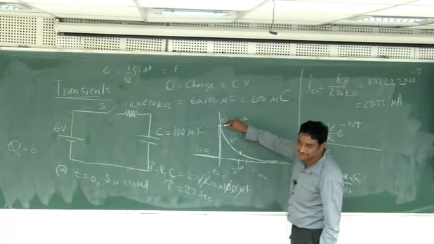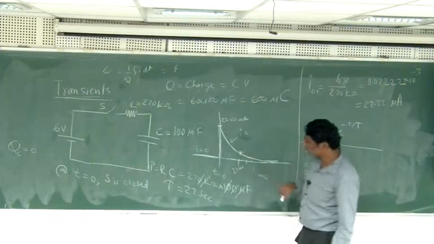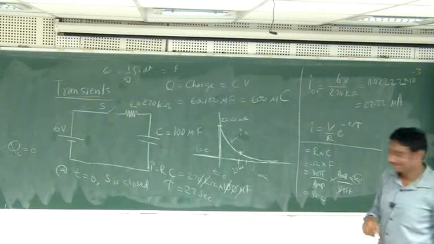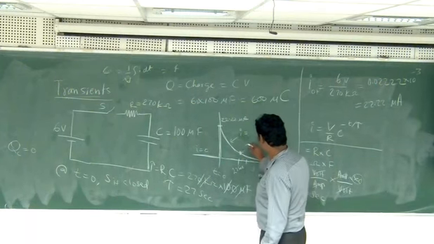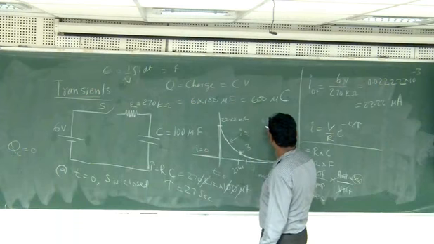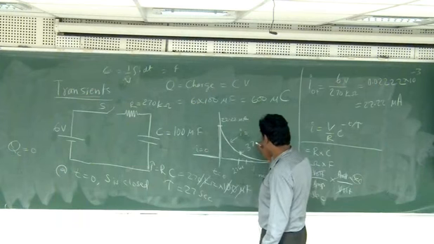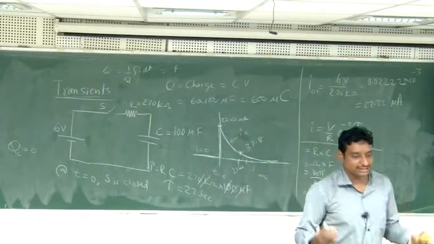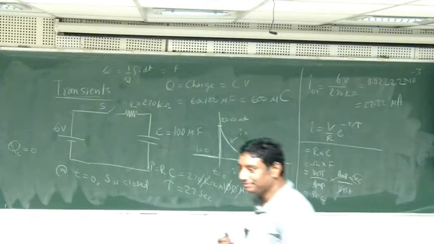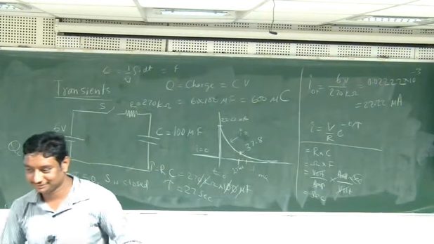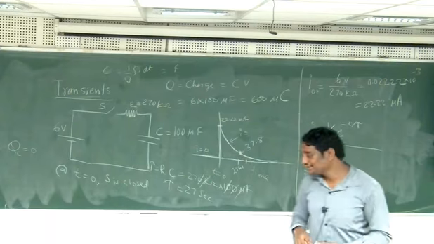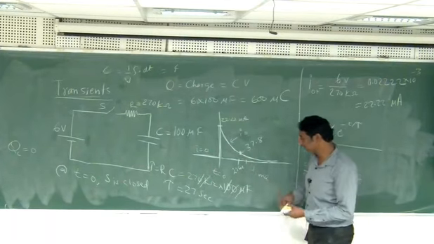If this is 100%, it becomes how much percent here? 63.2 is one and then 37.8. While it is discharging, we'll use 37.8, while it is charging, we'll use 63. So the time taken to charge up to 63.2% is the 27 seconds. So 27 seconds is significant in that way.